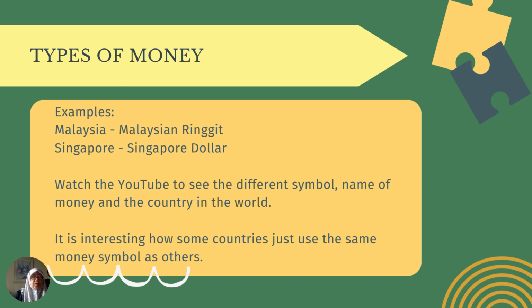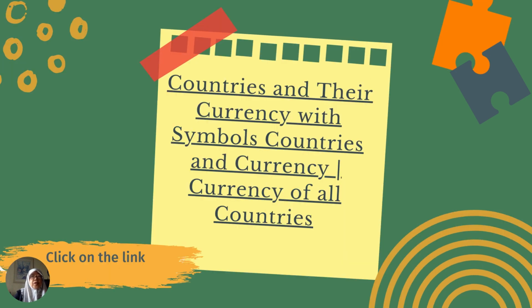Some countries just use the American dollar as well. I can't click on the link in this recording, but you can click it in your notes. So have a look at all the currencies, and learn about the currencies of all countries in the world.